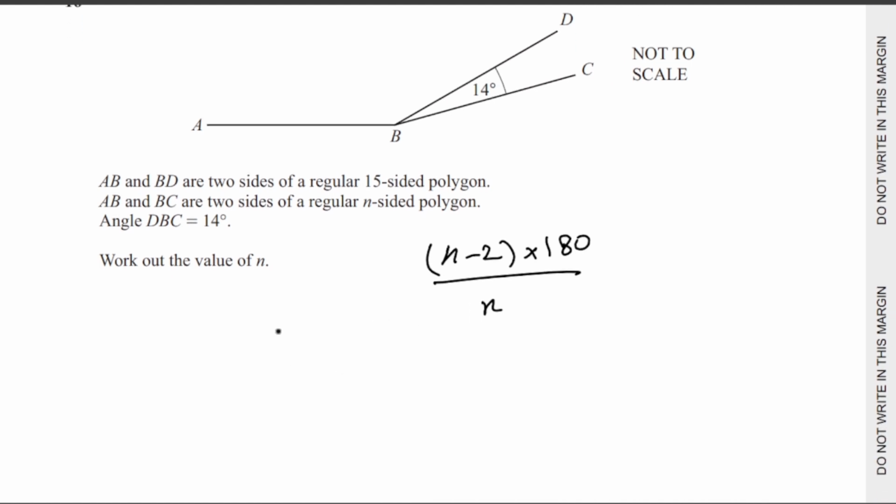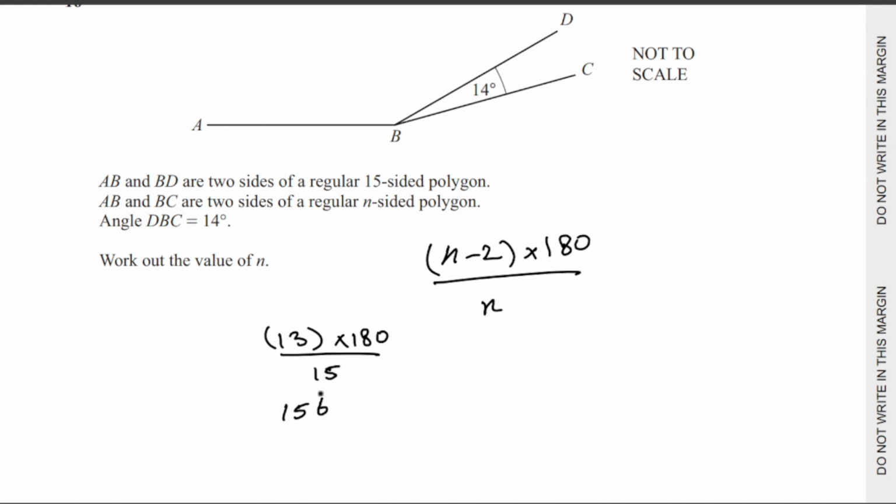So we get 15 minus 2, which is 13, times 180 over 15. You're just going to have to calculate that yourself, and I believe the final answer will be 156.